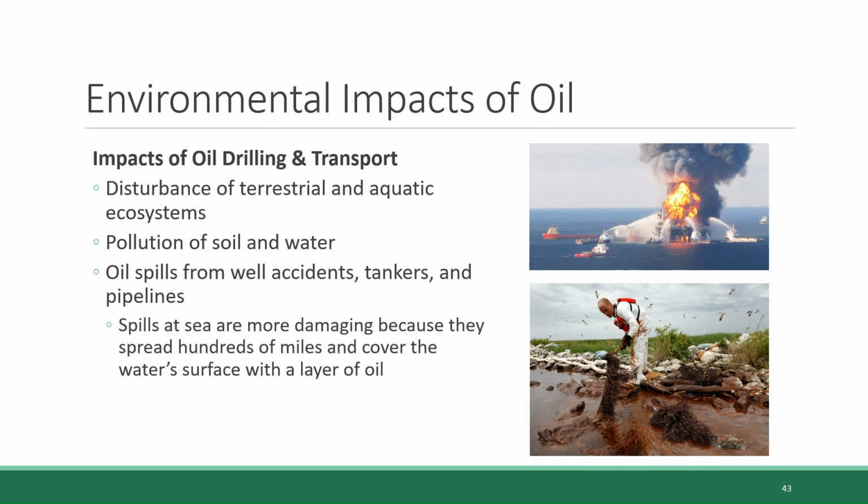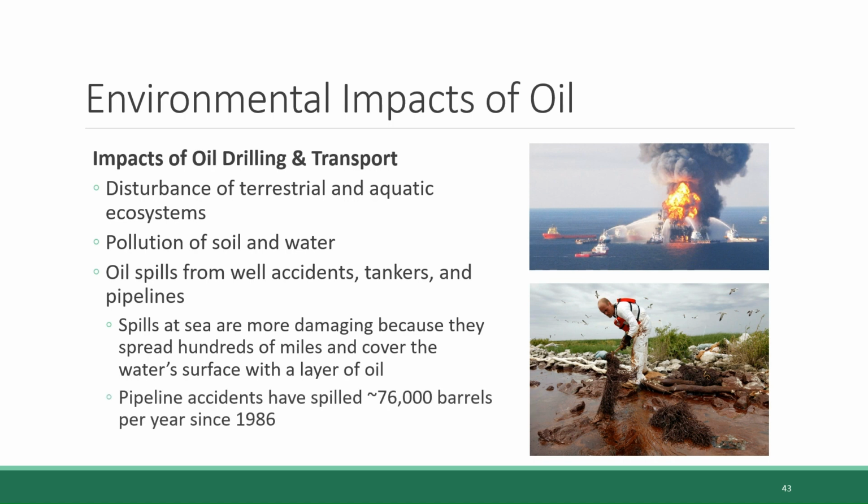It can kill seabirds, mammals, shellfish, and other organisms that get coated in the oil. To give you an idea of how dispersed the effects can be, the British Petroleum, or BP, oil spill in 2010, which is what's pictured in these photos, released 134 million gallons of oil and coated 1,300 miles of U.S. coastline in the Gulf of Mexico with oil.